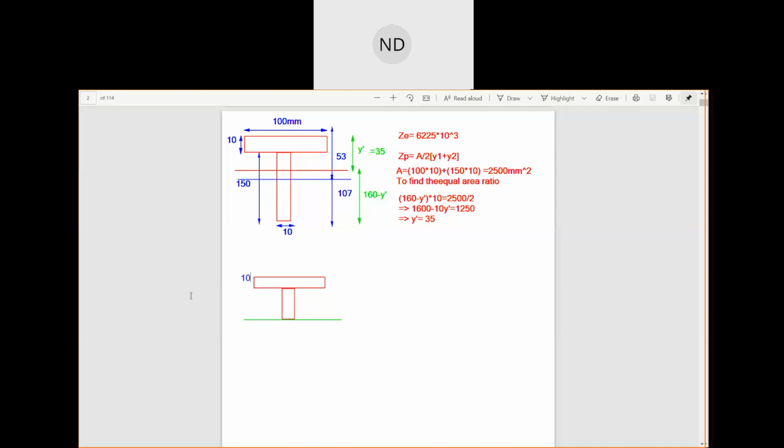This equal area axis from here is 35. We got y dash as 35. So obviously 35 minus this 10 will be this distance from here.